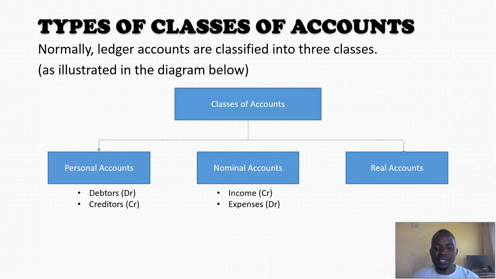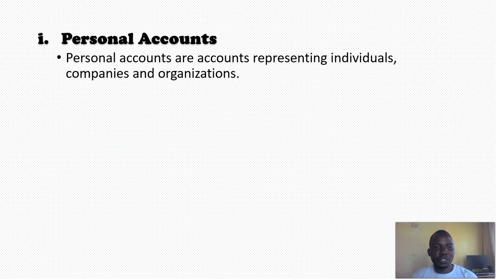Nominal accounts have the incomes and the expenses. While the last one, real accounts, consists of assets. Having looked at that, let's briefly look at personal accounts.